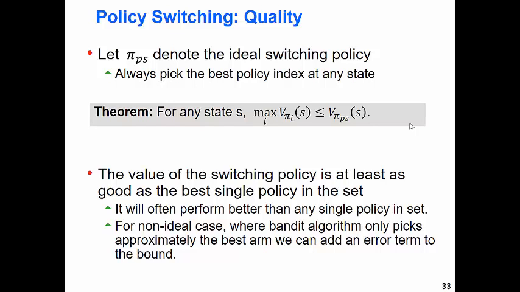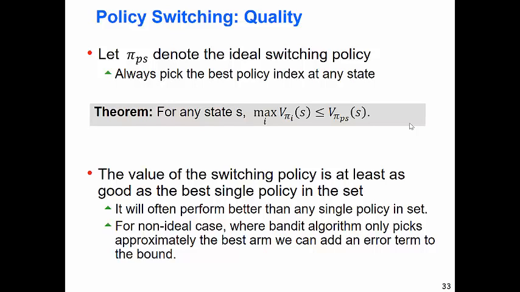We give it a set of policies, and our guarantee is only with respect to that set. Yes. So, for example, let's say the best policy is choose policy 1 in state 1 and choose policy 2 in state 2, right? Well, that's the best switching policy, yes. So we're not competing with the best switching policy. We're just competing with the best policy in our set.